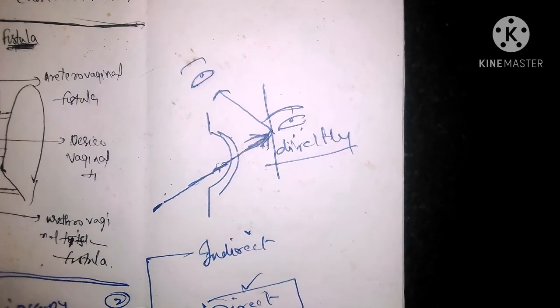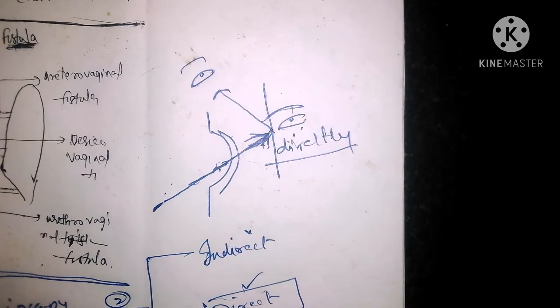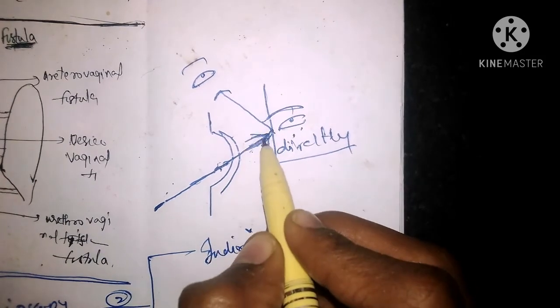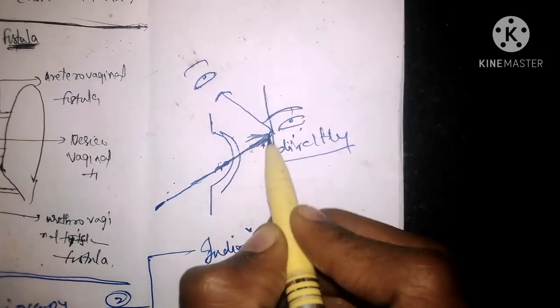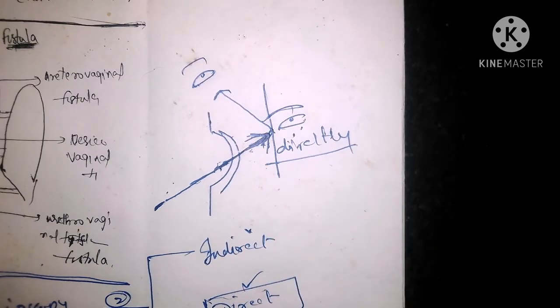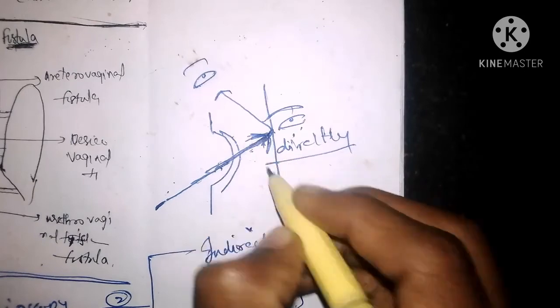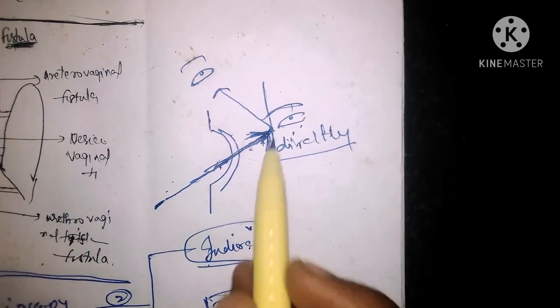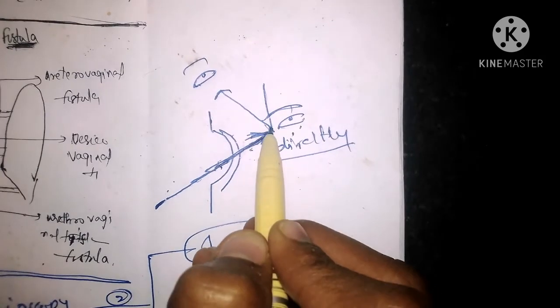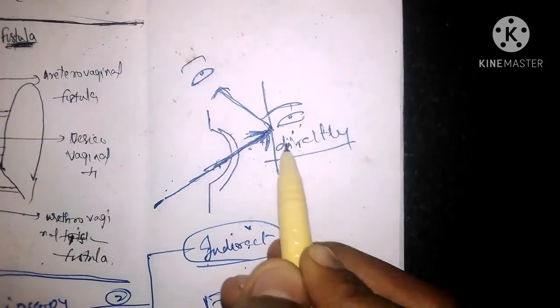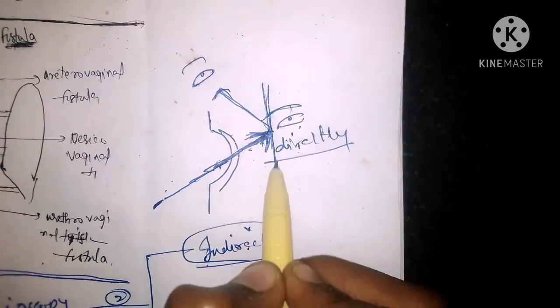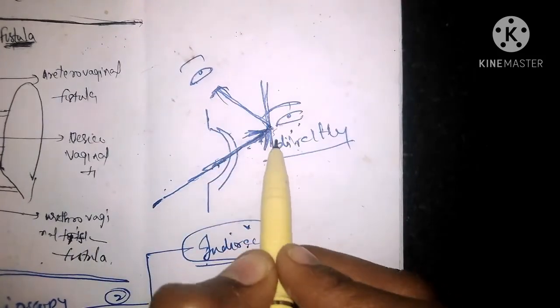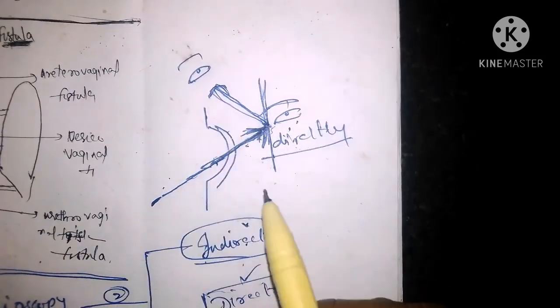Clear? Here in direct gonioscopy, the ophthalmologist is directly seeing the refracted light ray, whereas in indirect the ophthalmologist is seeing the reflected light ray from the mirror.